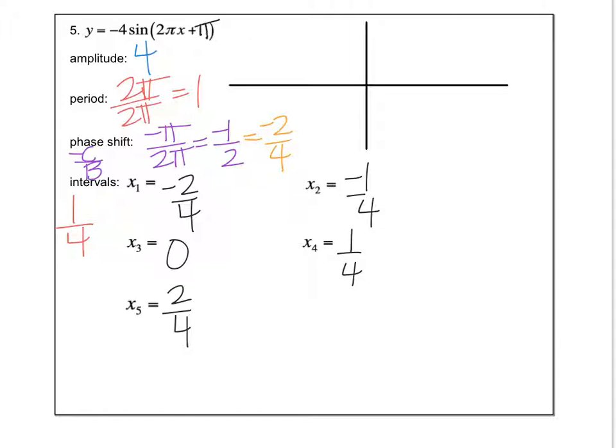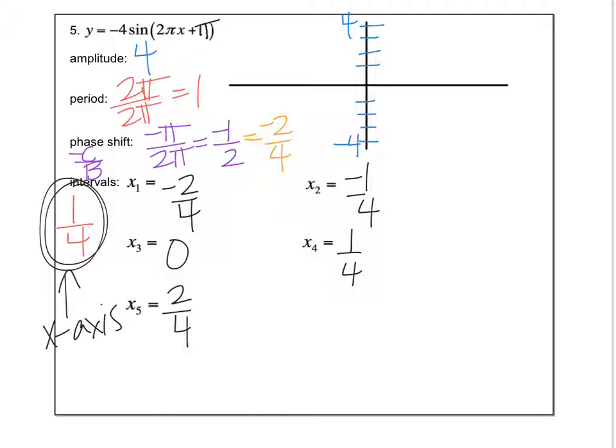Now if I start to label my axes, my amplitude is 4: 1, 2, 3, 4, and also down 4: 1, 2, 3, 4. For my phase shift, I'm going to have to get to -2/4, so this 1/4 is the increment I'm going to use for the x-axis.